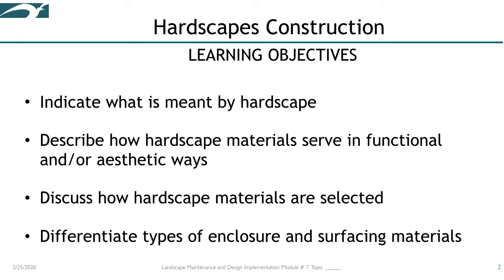The learning objectives will be to indicate what is meant by hardscape, describe how hardscape material serves in functional or aesthetic ways, discuss how hardscape materials are selected, and differentiate between the different types of hardscape, enclosure, or surfacing materials.